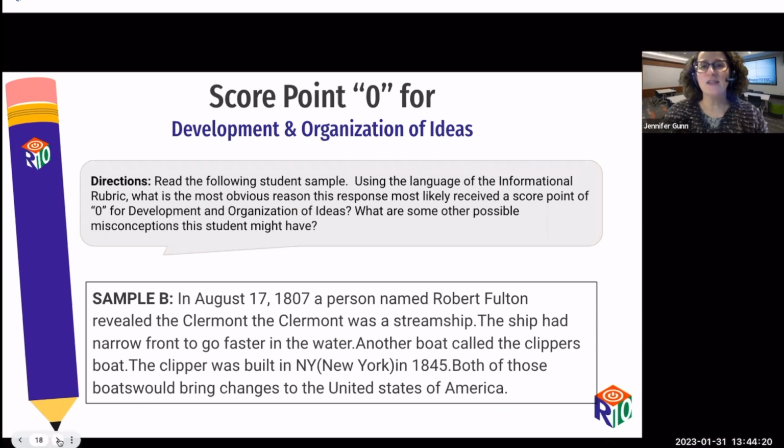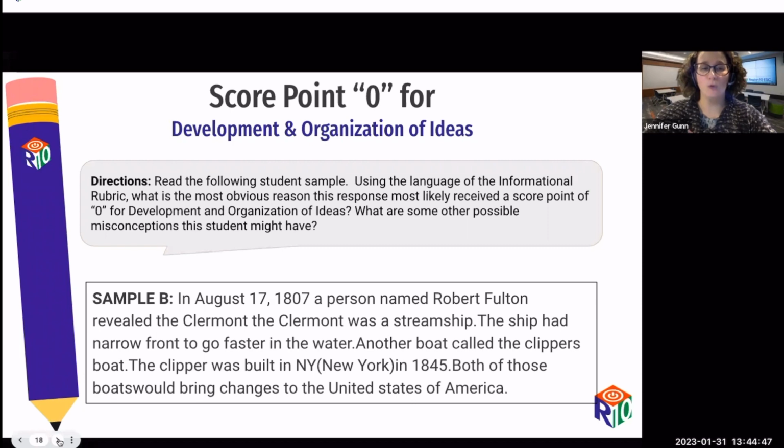So this student sample did score a 0. It reads, "In August 17, 1807, a person named Robert Fulton revealed the Clermont was a steamship. The ship had narrow front to go faster in the water. Another boat called the Clipper's boat. The Clipper was built in New York in 1845.